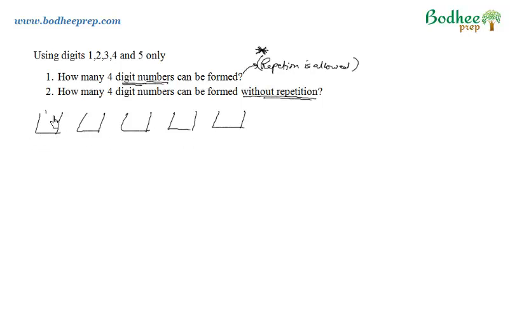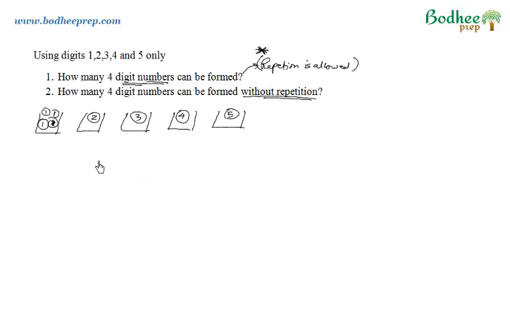In the first bag there are a lot of ones, infinite ones. Similarly, in the second bag a lot of 2s, in the third a lot of 3s, in the fourth a lot of 4s. There is no limit on using any of these numbers, because they are available in abundance.